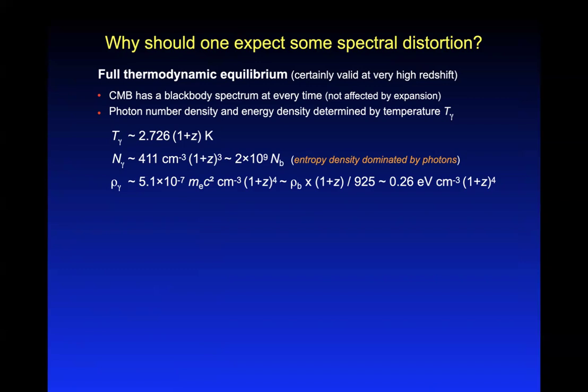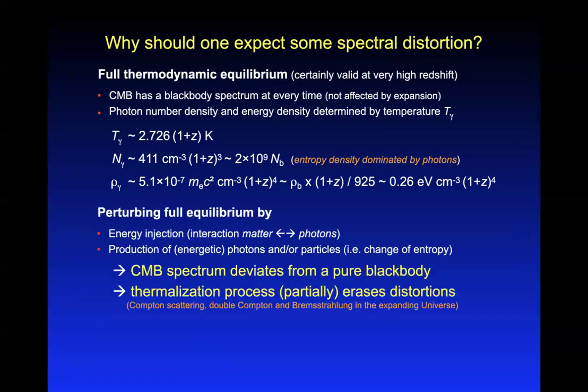This is not exactly correct because we have the baryons that are coupled to the photons that continuously extract energy from the photons, since they have a different adiabatic index and want to expand and cool down a bit faster than photons would be cooling. And that means you actually get negative energy release, so cooling of the photon field, which leads to a negative chemical potential. I will come to that a bit later.